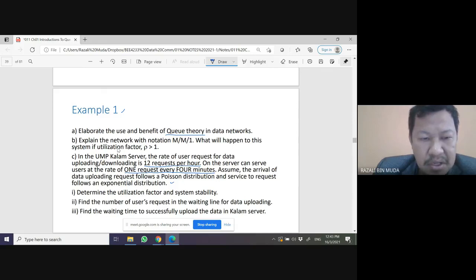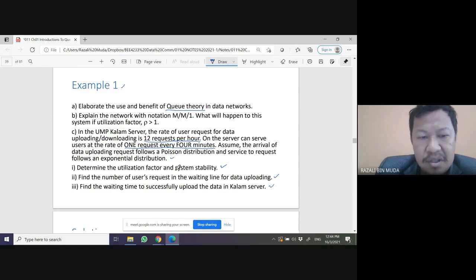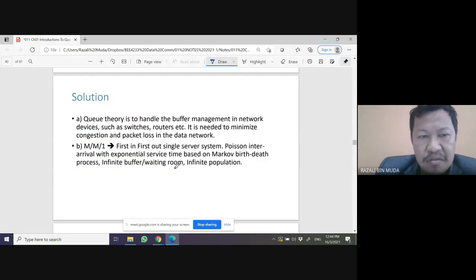C, first determine the utilization factor and system stability. Can the system cater to the requests of the students? Second, find the number of user requests in the waiting line for data uploading. And thirdly, find the waiting time to successfully upload data to the server. These are the solutions for this example.